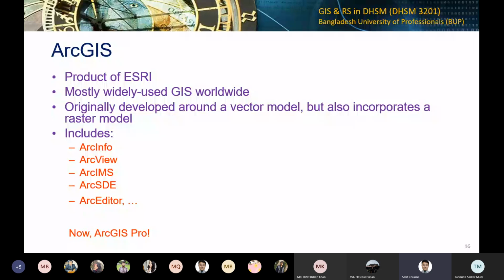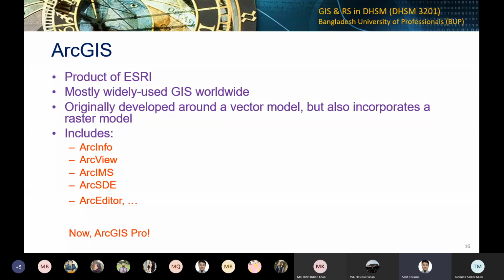So one of the popular software, or the major software that we have in GIS, the commercial one, is ArcGIS. And why do I discuss ArcGIS instead of QGIS here? There is a reason behind it.